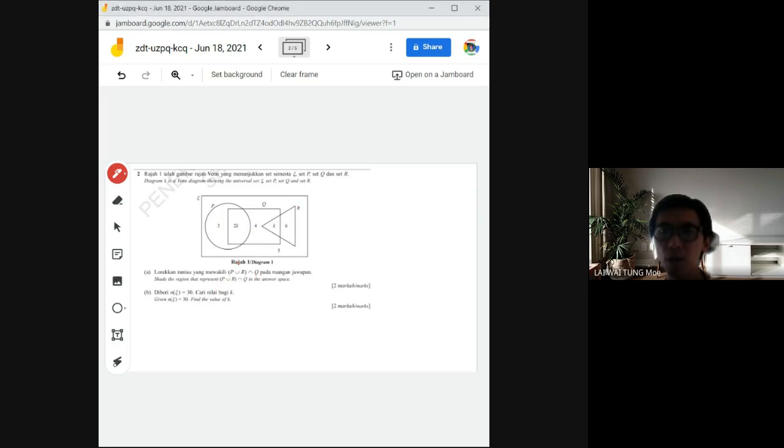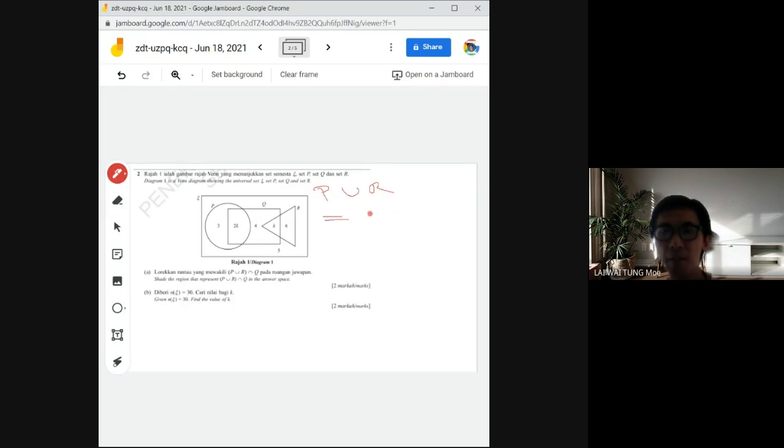So P union R. What are the elements inside this area? When we want to write union, we combine the elements in P and R together. We combine all the elements in P and all the elements in R, and we rewrite all the elements.